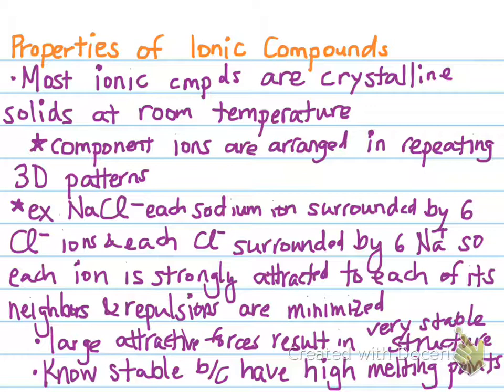So, to help you picture what I'm talking about with these 6 sodium ions completely surrounded by 6 chloride, imagine that you are standing in the middle of a room and you are a sodium ion. In front of you would be a chloride. Behind you would be a chloride. To the left of you would be a chloride.